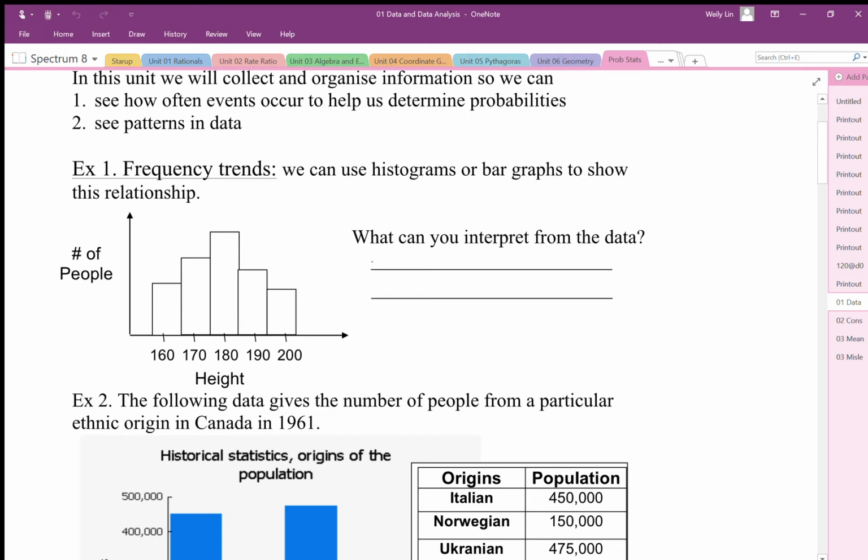So most people are around 180 centimeters, and there's few people that are short or tall, that are 160 centimeters and 200 centimeters tall. Okay, so those are the shorter and taller people. And this is something we would kind of expect. This is what we call a normal distribution.